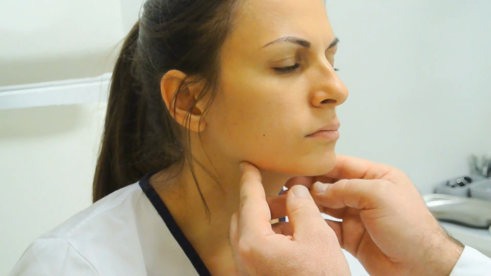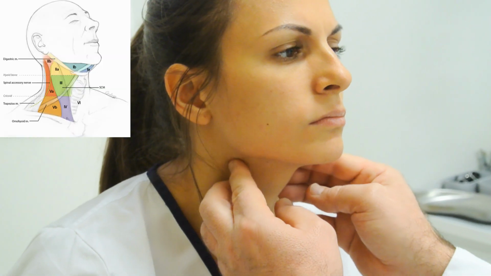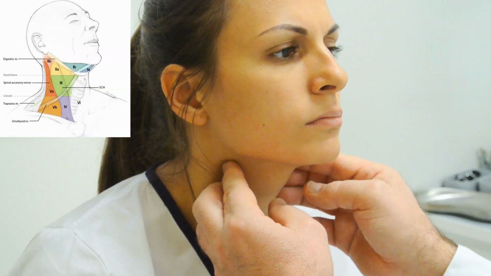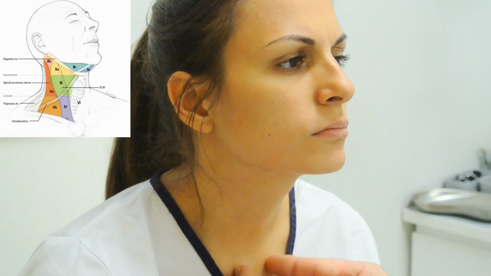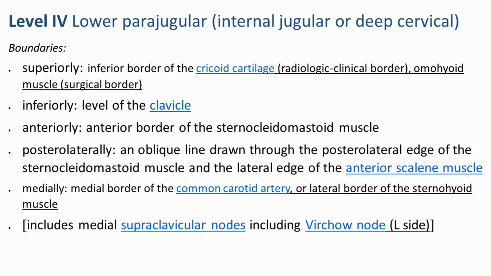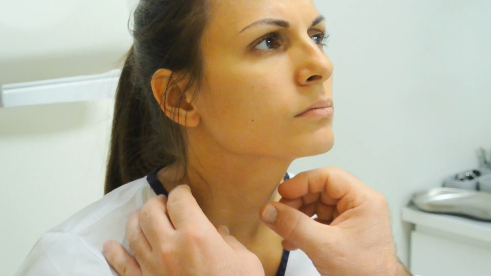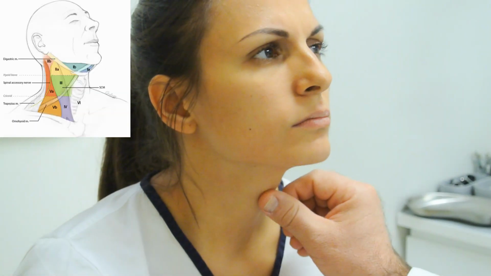Lymph nodes in level 3 and 4 are secondary lymph nodes to level 2. So they collect their lymphatic drainage from level 1, 2, and then it drains to level 3 and 4. They do not have their primary lymphatic supply.